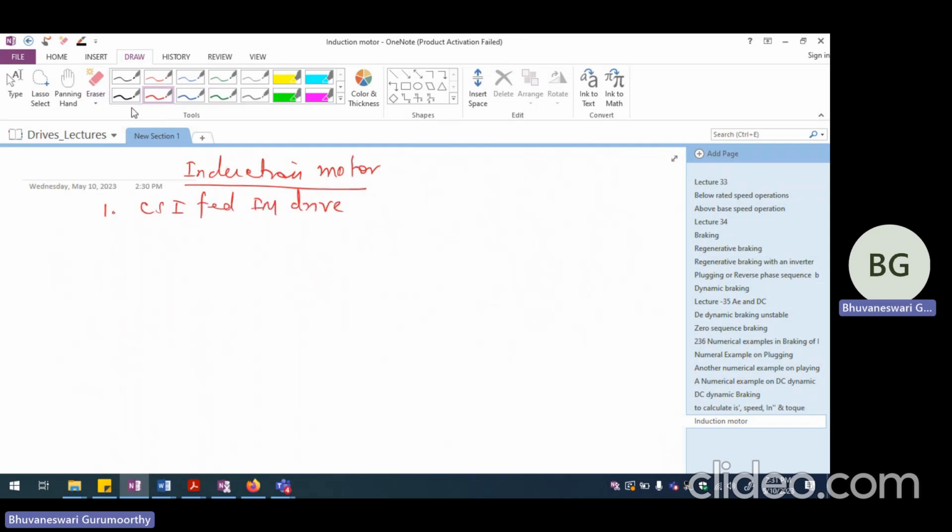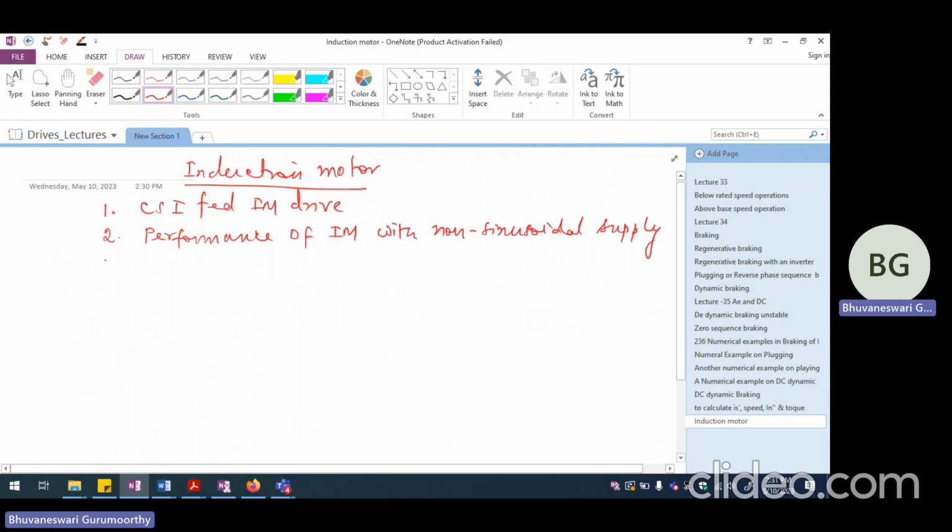This has not been dealt with until now. The second one is if an induction motor is fed with non-sinusoidal supply. So performance of induction motors with non-sinusoidal supply. This is one more topic that we need to deal with.